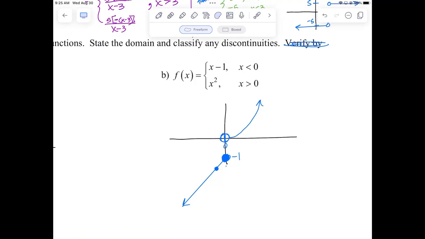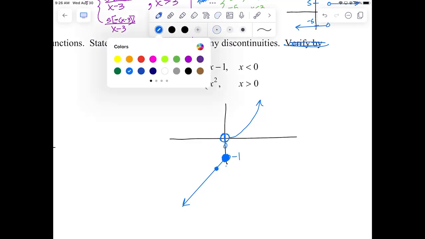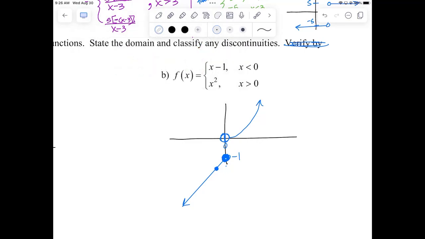What's the only modification I'll have to make here? Make this right here an open circle. So the reason I wanted you to make that darker and prouder and bigger is because now all you have to do is go to your little tool and select white or whatever your background color is and just make an open circle inside there. And now you got a nice little open circle.